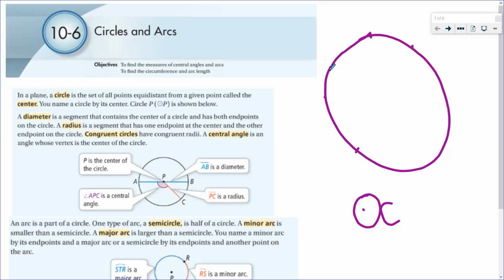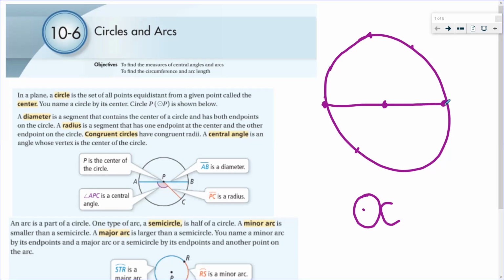We have a diameter. We know the definition of the diameter and the radius. The diameter is a segment that has two endpoints. The first endpoint is on a circle, and it must pass through the center, ending with another endpoint on the circle. This is a diameter.